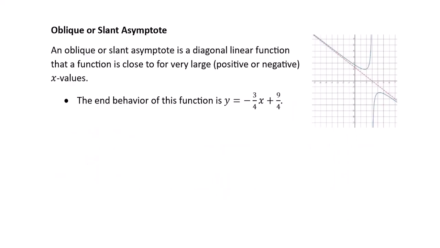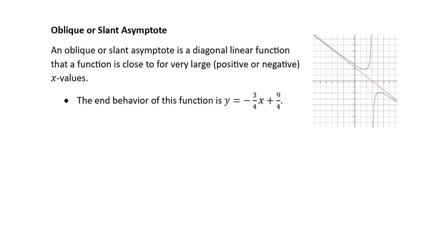We can also have an oblique or slant asymptote. An oblique or slant asymptote is a diagonal linear function that a function is close to for very large positive or negative x values.